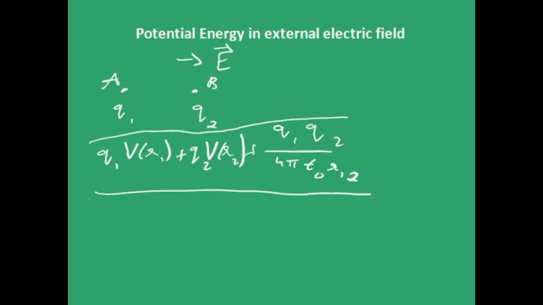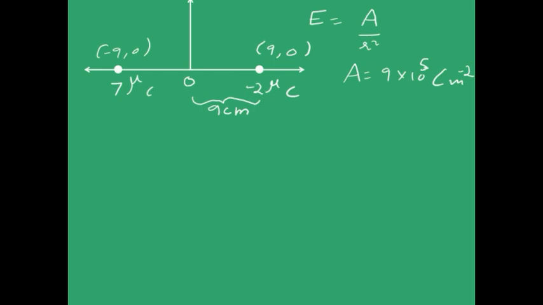You will better understand this after I explain you an example. Say you have two charges, 7 microcoulomb and minus 2 microcoulomb, placed at 9, 0 and minus 9, 0. I mean, the distance from the origin is 9 centimeters. You have an electric field which varies as A by R square, where A is the constant. It's given there.